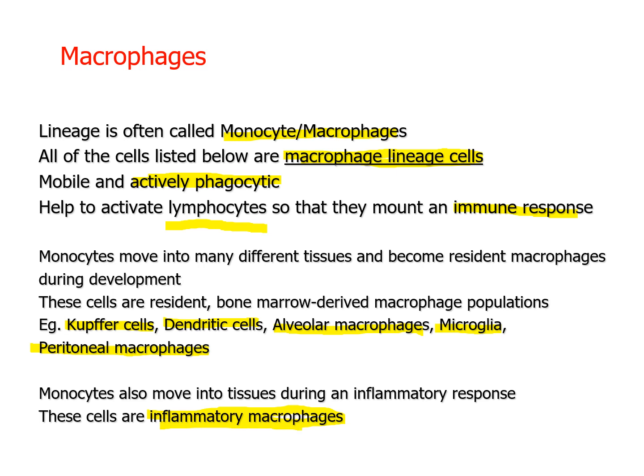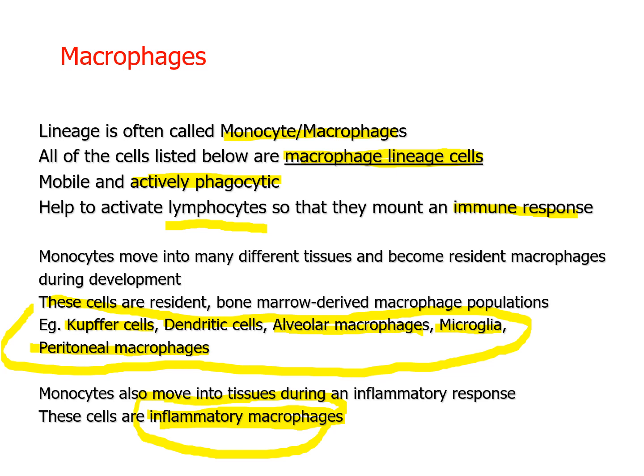They're part of the inflammatory response. So these cells got there because they moved quickly into an area due to some sort of trigger signal, something foreign getting into your tissues. All these different cells are macrophage lineage cells.